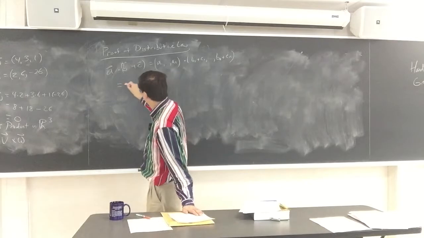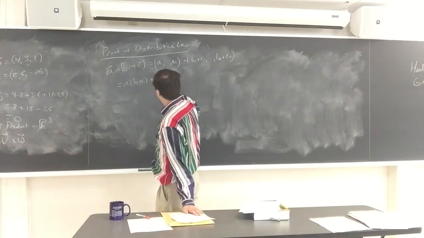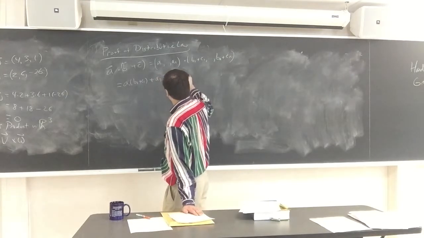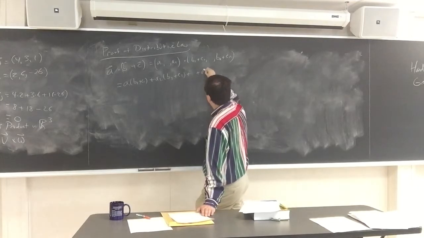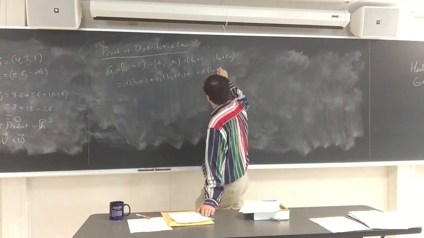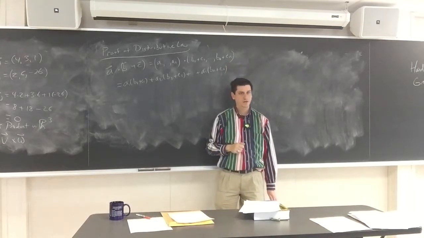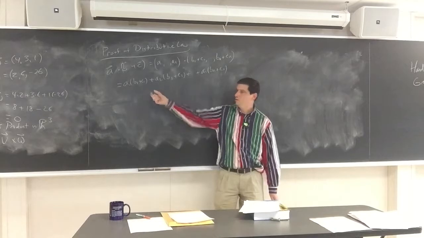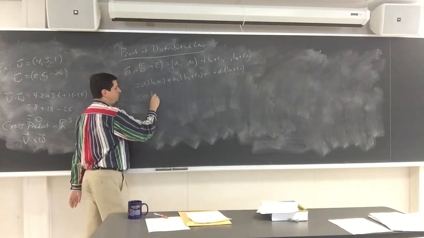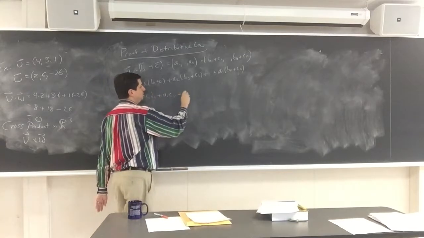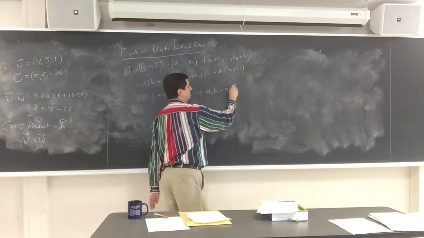So it'll just be A1(B1 plus C1) plus A2(B2 plus C2) plus dot dot dot AN(Bn plus Cn). Okay. Well, we can just do the multiplication out, and this will be A1B1 plus A1C1, all the way down to ANBn plus ANCn.